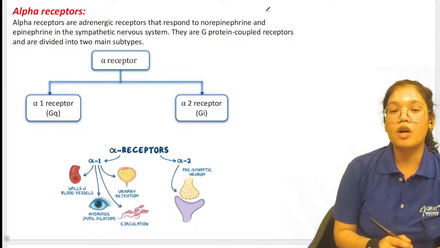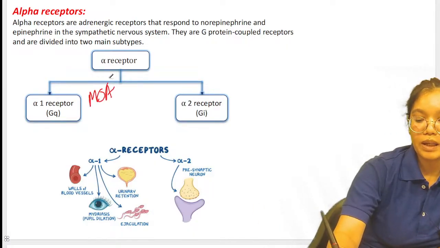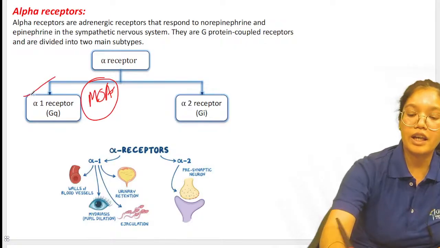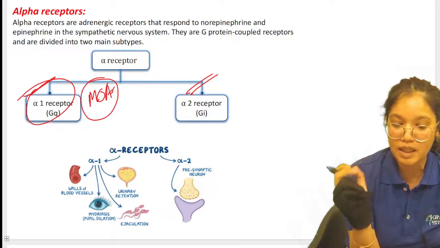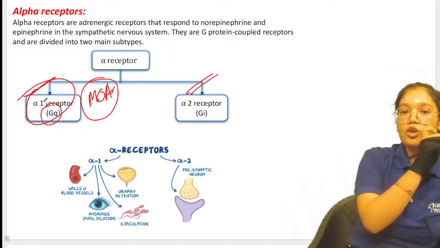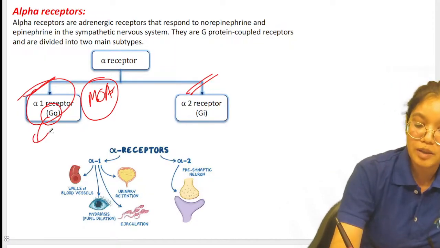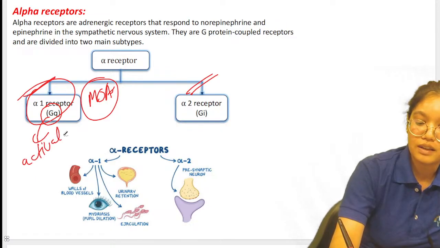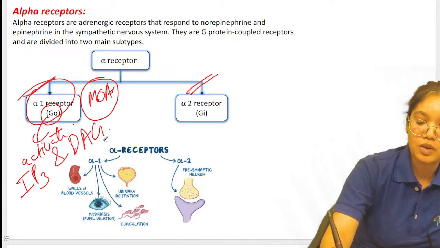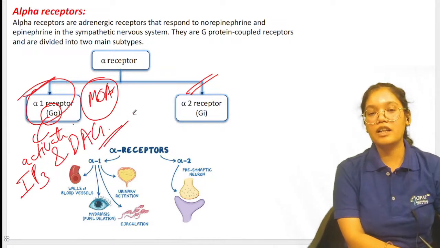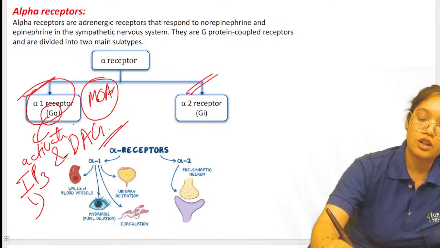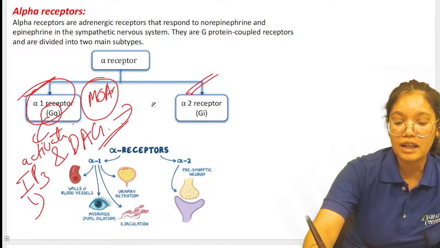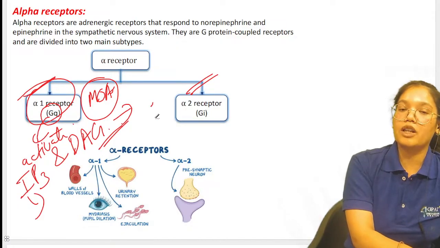Now let's talk about the MOA, the mechanism of action, of the alpha 1 and alpha 2 receptors. The alpha 1 receptor is a Gq protein coupled receptor. As it is Gq coupled, it will activate the IP3 and DAG pathway, the inositol triphosphate and diacylglycerol pathway.